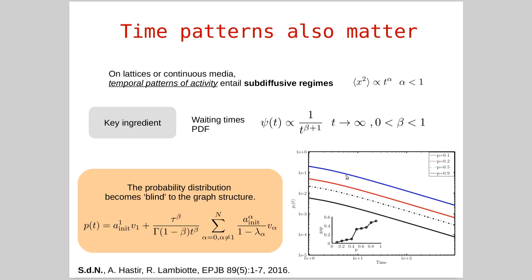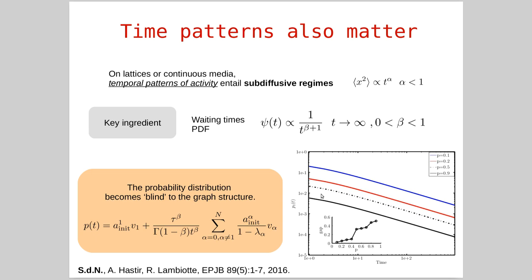But the problem is that since the walkers can wait with some beta exponent, basically you have the same behavior. So this is like the slope, it's the same, so it depends on the beta exponent for all the graphs. So basically the probability distribution has become blind to the graph structure. And this result is basically given by the interplay between the dynamics and the graph structure itself.